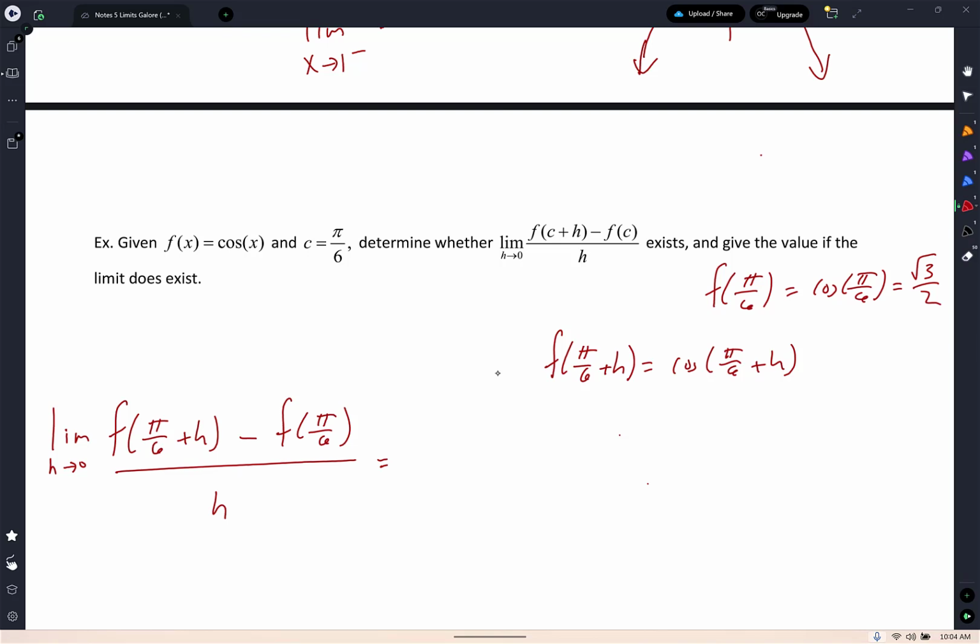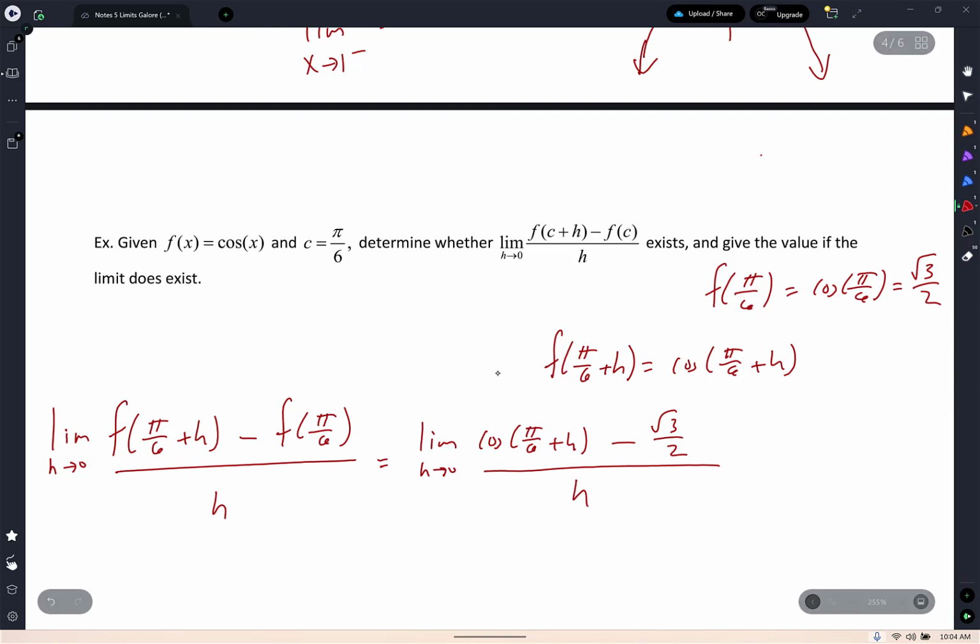That is the limit as h approaches 0 of cosine of pi over 6 plus h minus square root of 3 over 2, all over h.